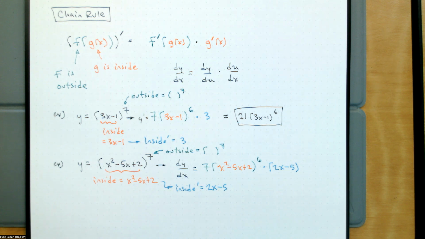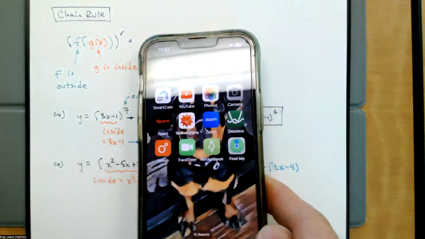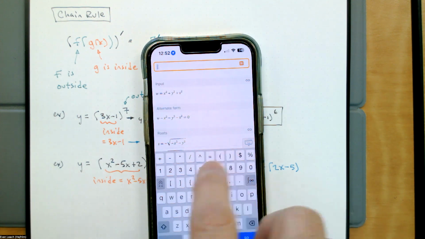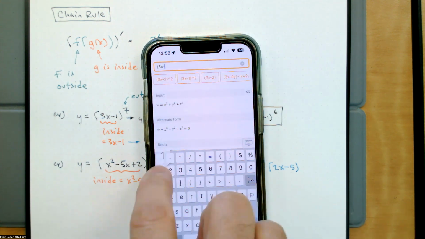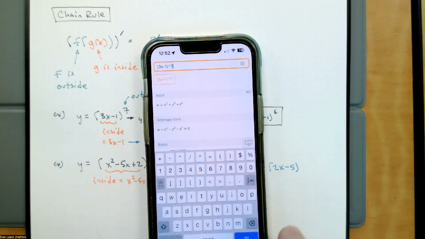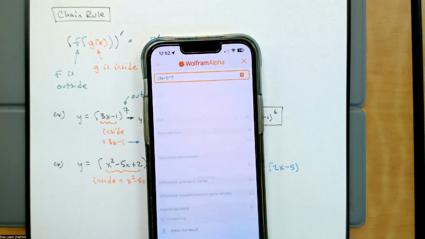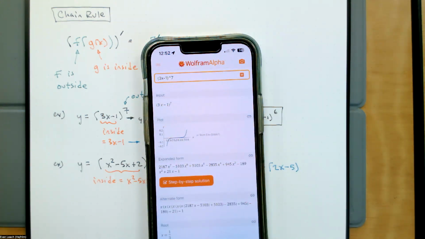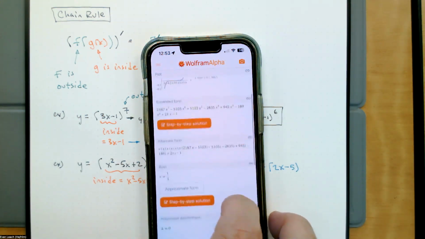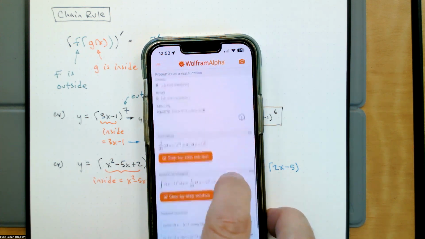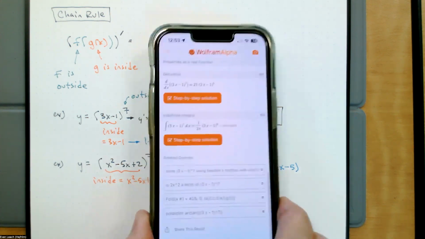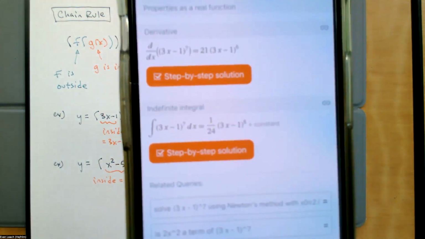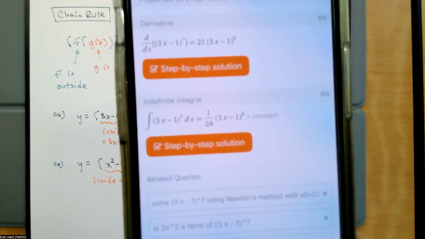If you put in 3x minus 1 to the 7th power, it can tell you all kinds of stuff about it. If you just start scrolling, one of the things you'll find is the derivative. The derivative of 3x minus 1 to the 7th power is 21 times 3x minus 1 to the 6th.